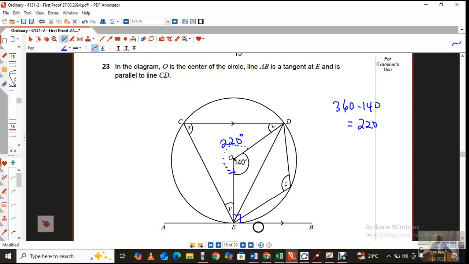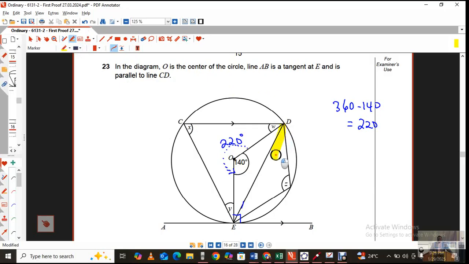Okay. The angle at the center, this one here, is subtended by the chord DE. This chord creates that angle at the center. The same chord also creates the angle at the circumference there. Can you see that?